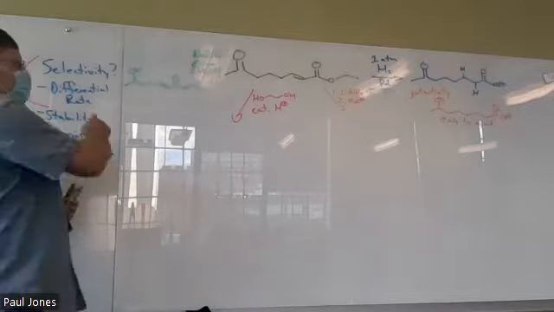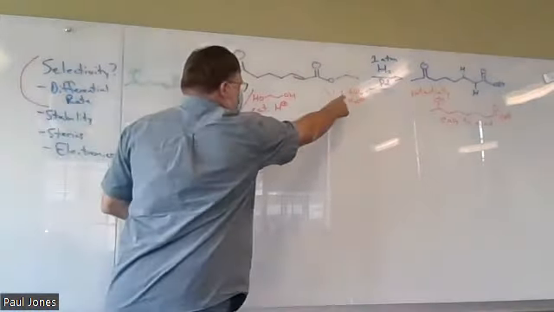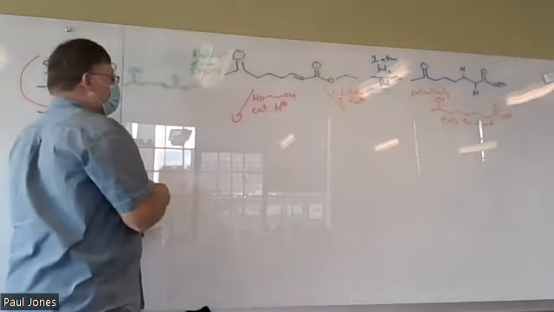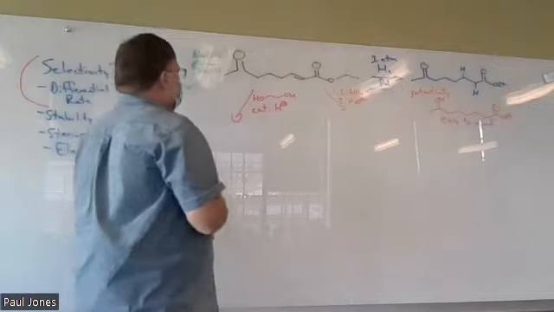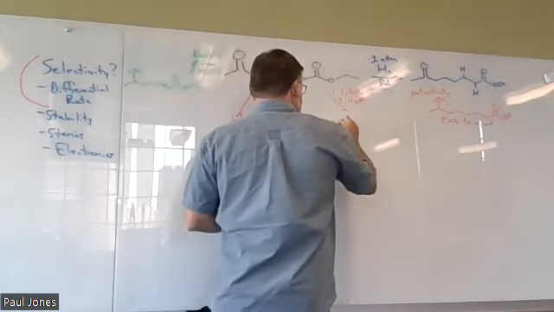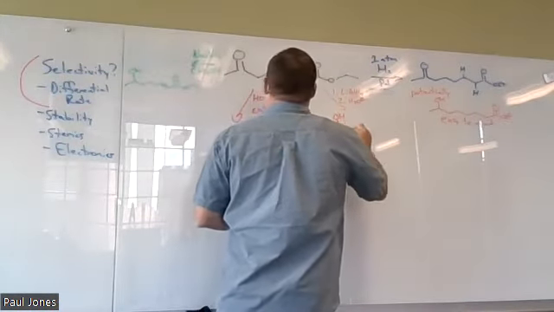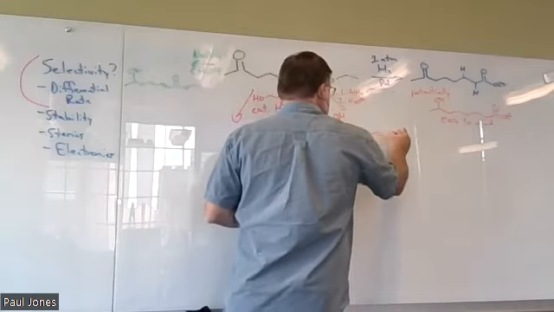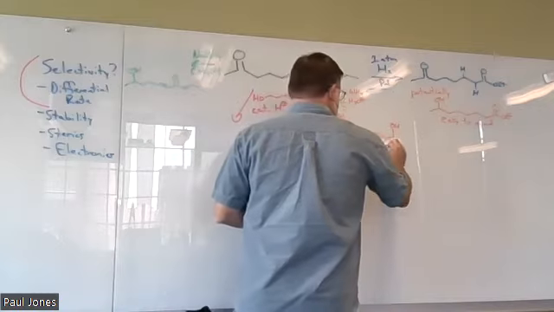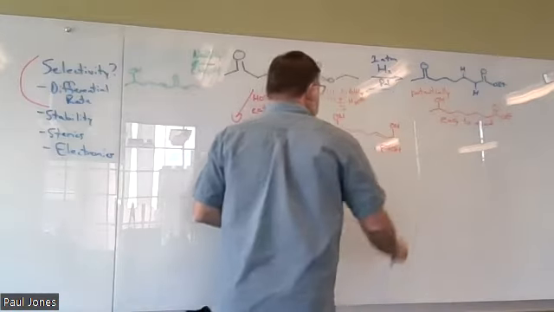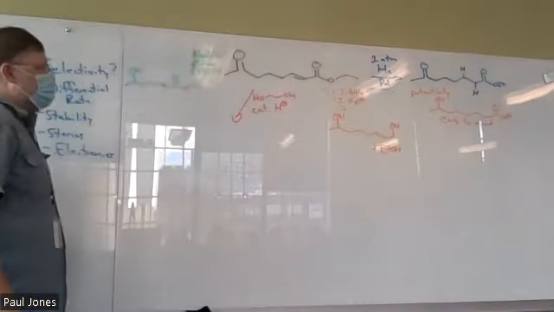Okay, so again on selectivity, lithium aluminum hydride, we've talked about this a fair amount now. Lithium aluminum hydride is a more powerful hydride reducing agent. It's going to reduce both carbonyl functional groups. So that would be our product.